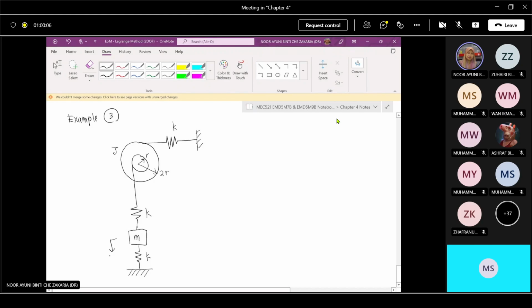So you will get this one of your kinetic, and another one is counterclockwise of theta. And let's have one force. Okay, that's one force there. You want a moment too, a moment is fine. Just one, too many would be confusing.